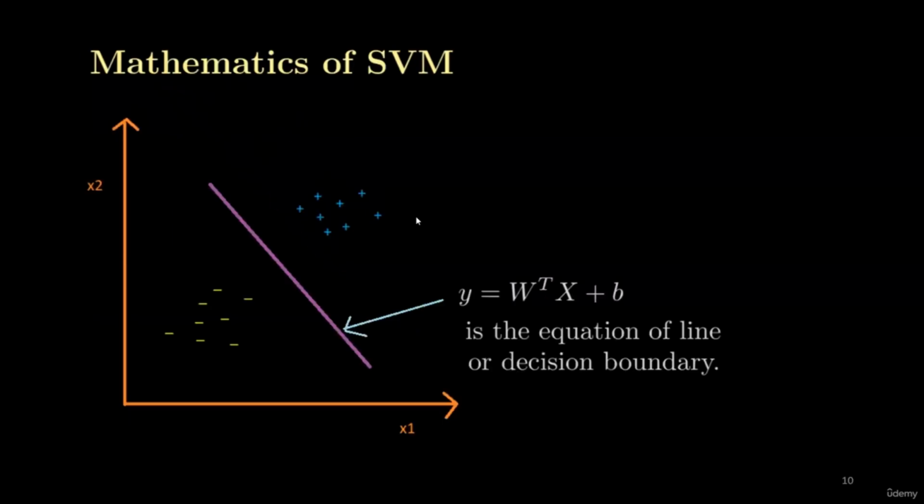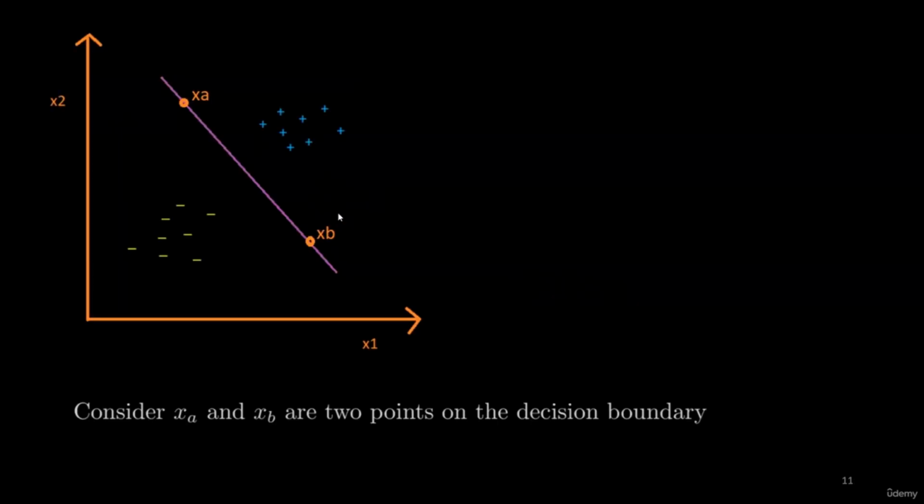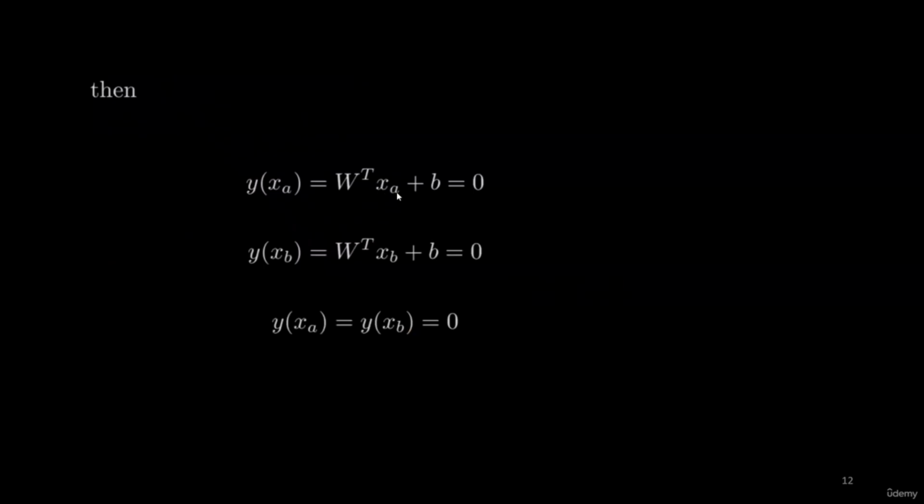First I will put XA in W transpose X plus B, then I will put XB, and I will create two equations.